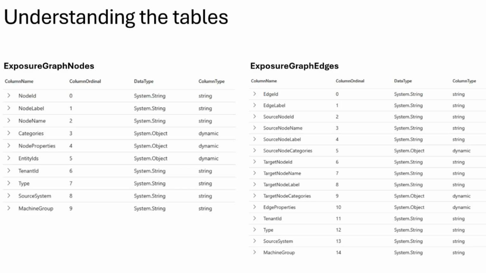The ExposureGraphNodes table serves as the cornerstone for your custom analysis. It represents various entities within your environment. Each row of this table describes a single node, including its unique identifiers, a broader classification of the node, the categories, and the properties.